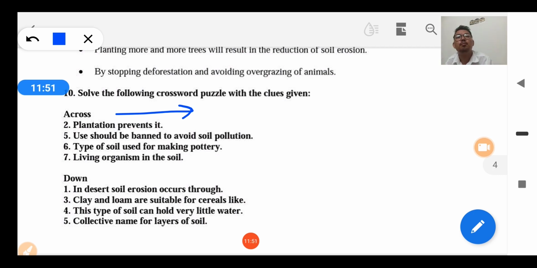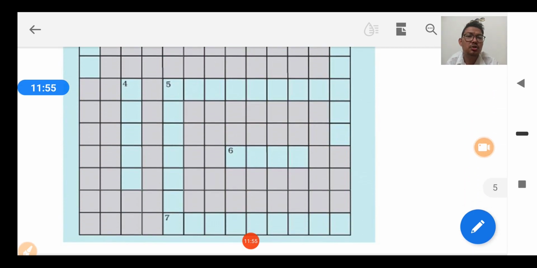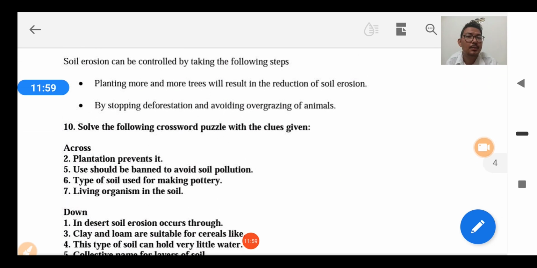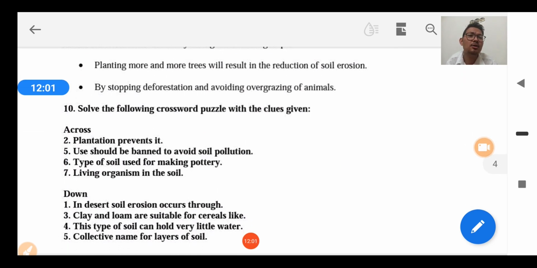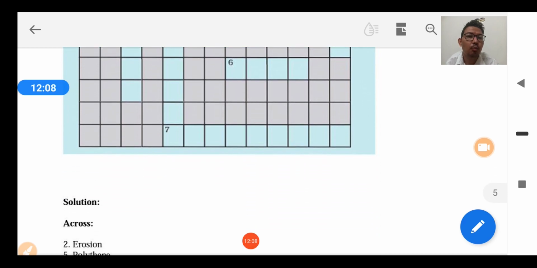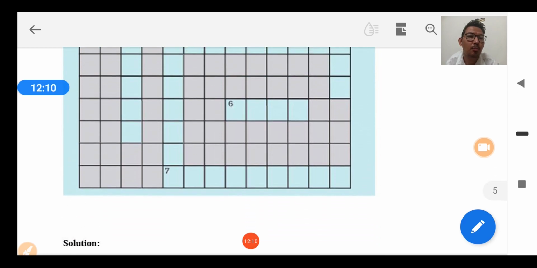Plantation prevents soil erosion, so your answer should be erosion. Next is, use should be banned to avoid soil pollution. Just now we studied it should be plastic. So here in point number 5, plastic or polythene you can write.